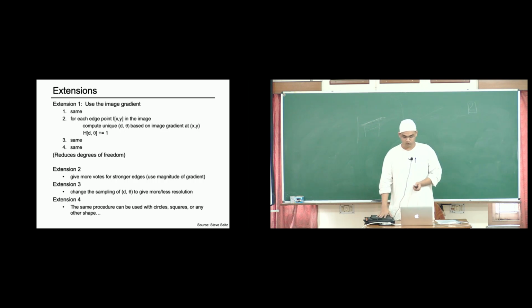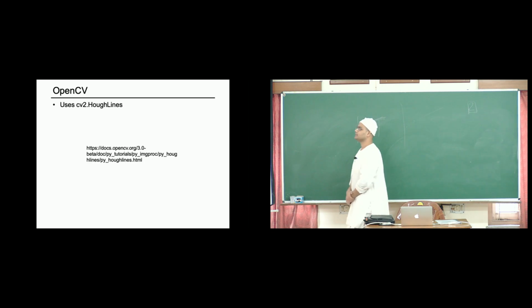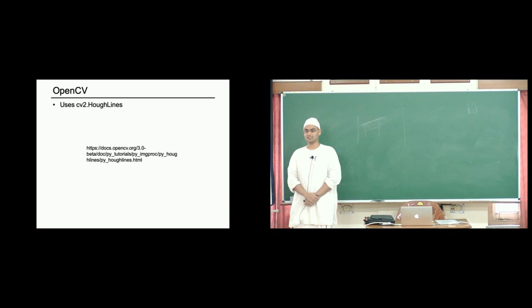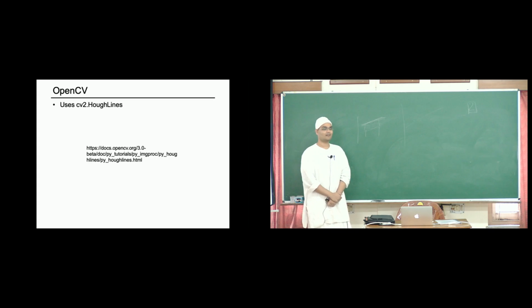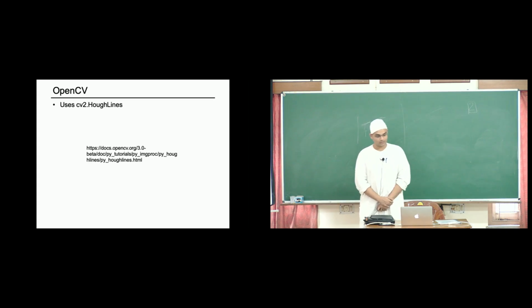OpenCV has something for Hough lines. You can just write cv2 HoughLines and it will give you the lines. But in your assignment 2, all you need to do is write a piece of code that works like HoughLines. You will get an image, get the edges out of it and then run the algorithm.